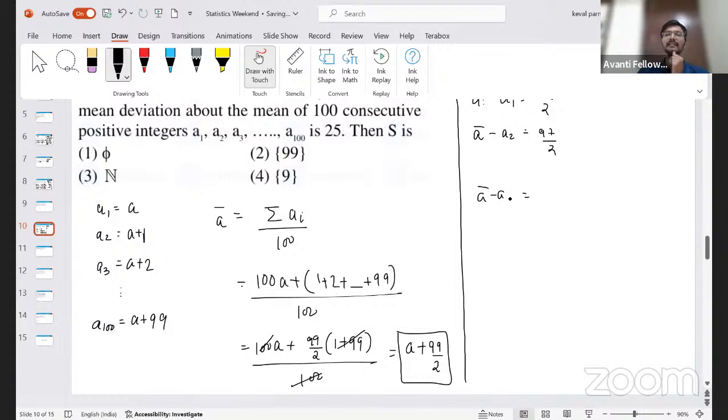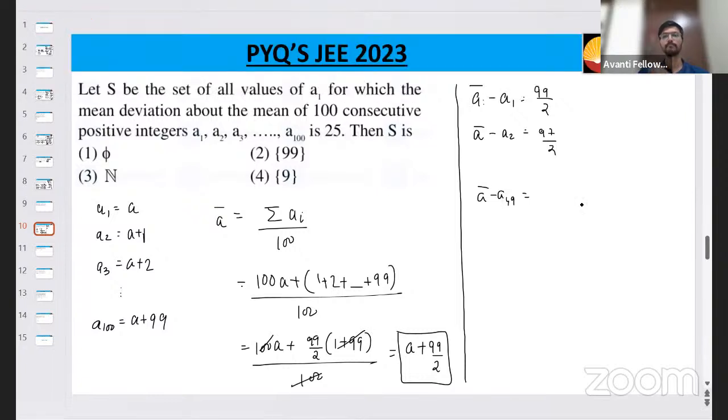So A bar minus a49. So what is a49? Let me write it here. a49 will be equal to A plus 48 and a50 will be equal to A plus 49.